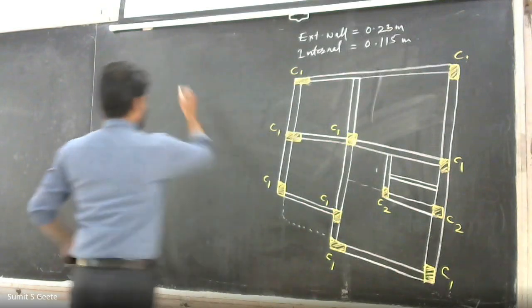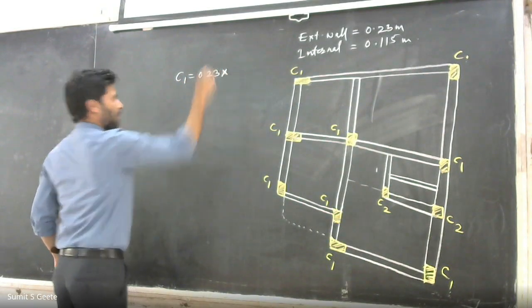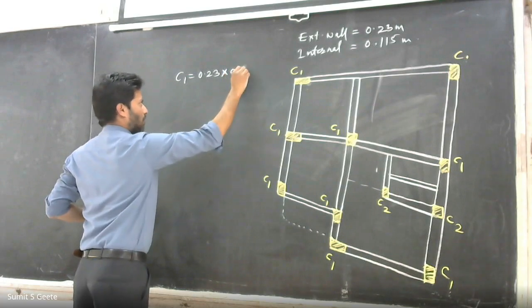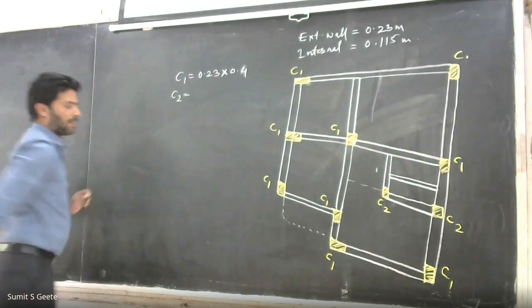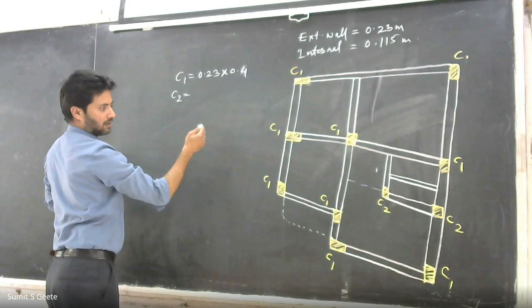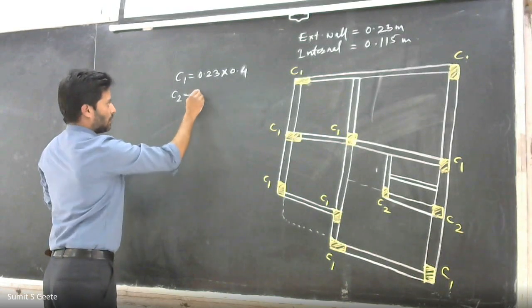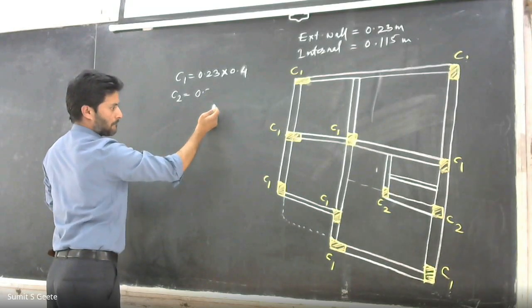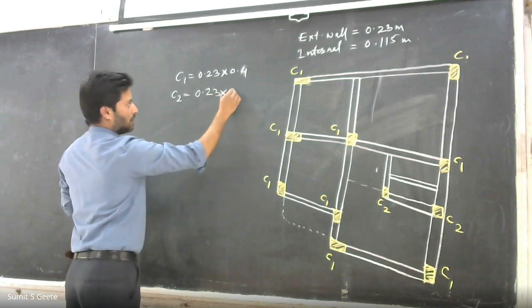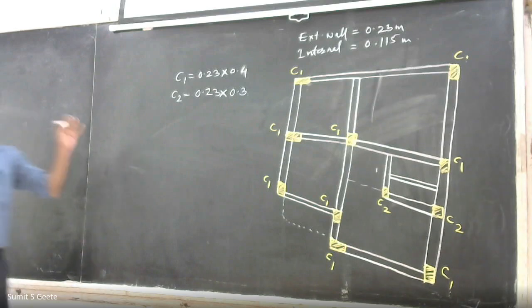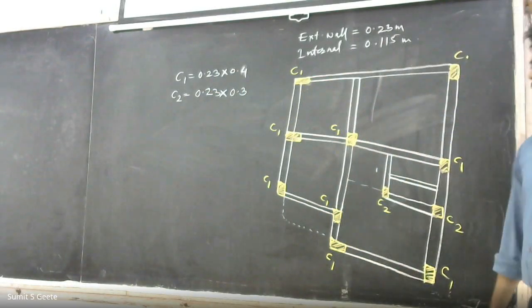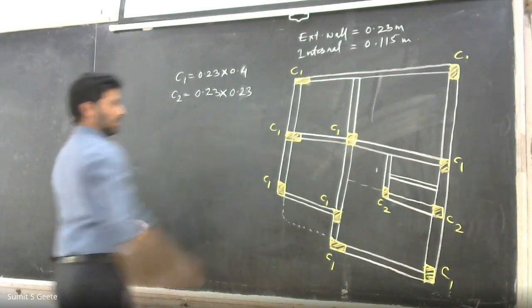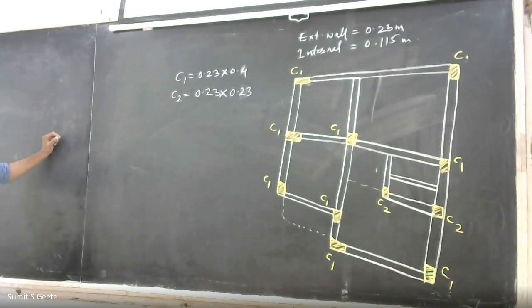Now my point is C1 is 0.23 by 0.4 and C2 is 0.23 by 0.3, just for the consideration. Or you can say 0.23 by 0.23. Clear?